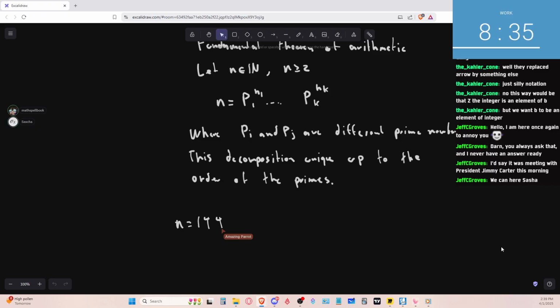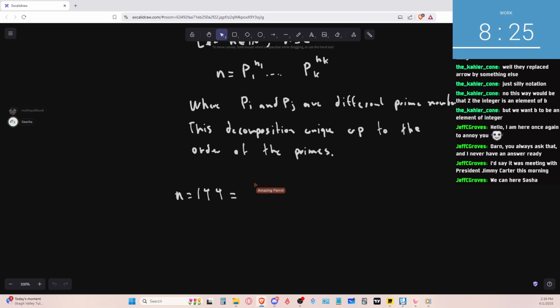Usually when we want to find the prime factorization, we break this number down into factors. Probably 144 is easy to write as 12 times 12. And after that, we can break those factors down into smaller factors until we reach the primes.